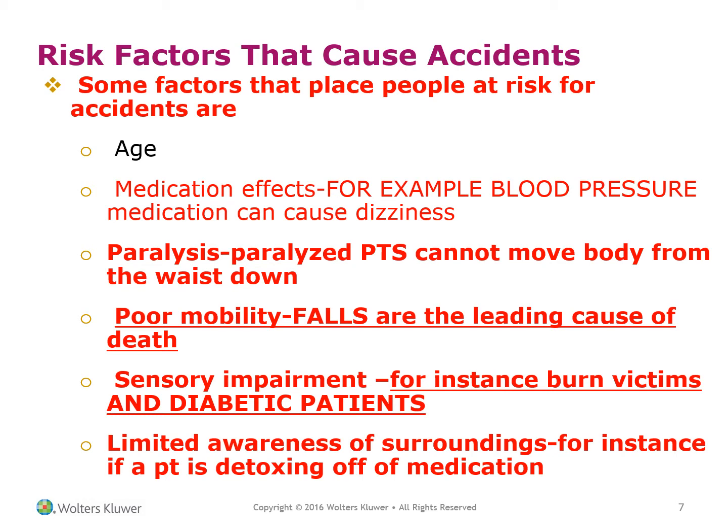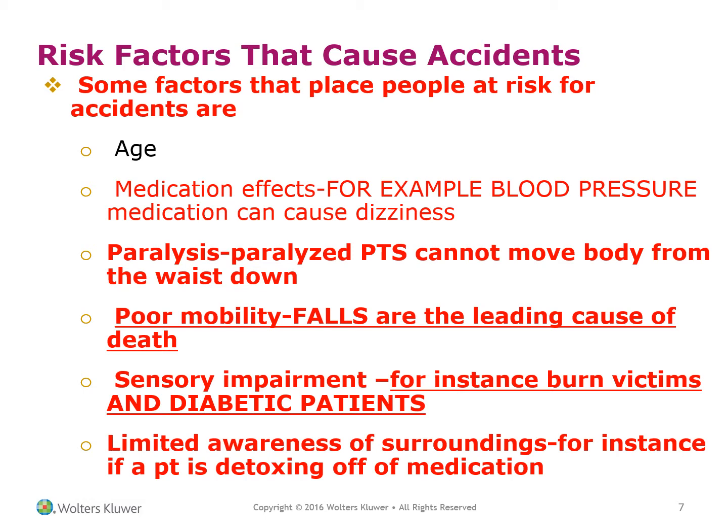Risk factors that cause accidents. Some factors that place people at risk for accidents are age. For instance, an elderly, frail person may be at risk for accidents. A person that's on medication, for example, blood pressure medication, it can cause you to be dizzy or lightheaded. A person that's paralyzed, can't move from the waist down, is also at risk. Poor mobility: if a person can't walk with a steady gait, they are at risk for falling.